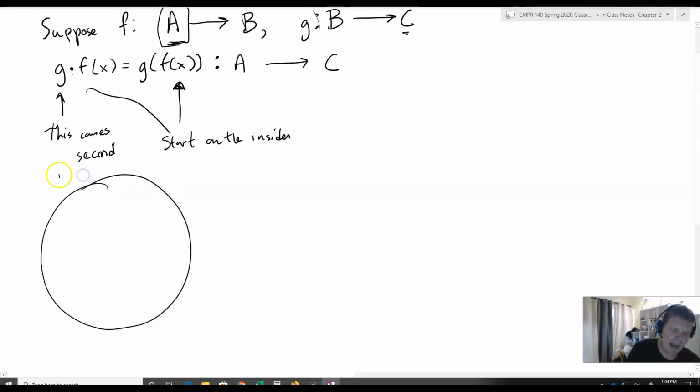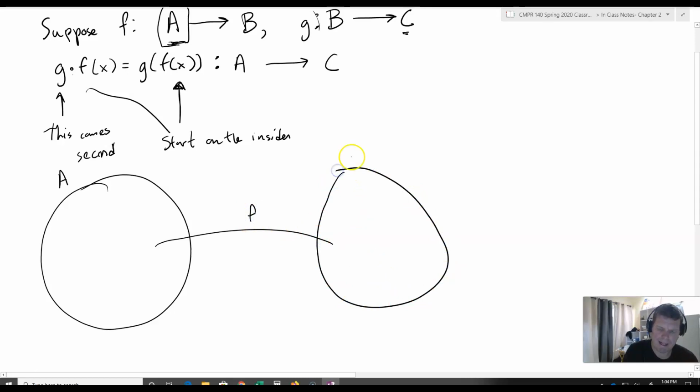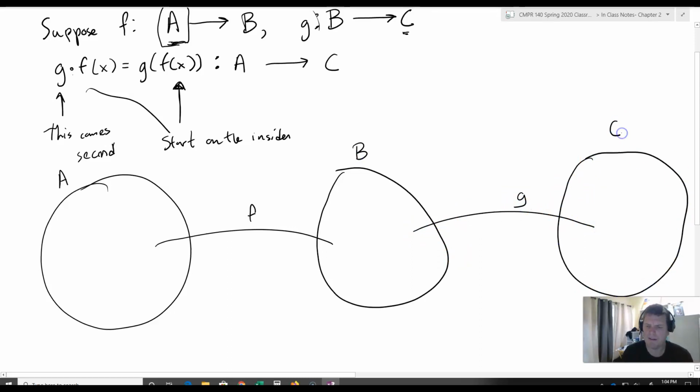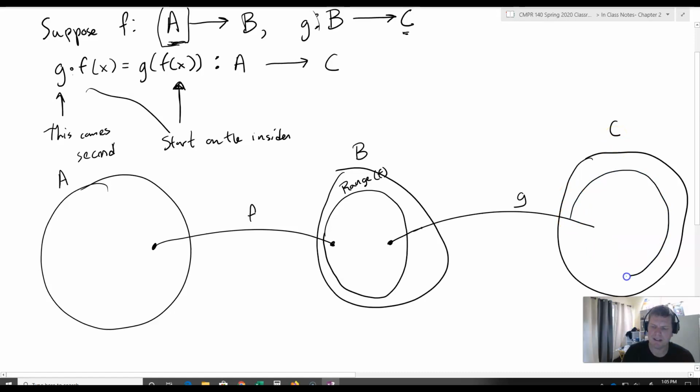I start over here in A, and I operate using F, and that goes into B. Then I operate again using G, and that goes into C. I take an element from A, and it takes me to somewhere in B. I have basically a range, here's my range of F. Then I take elements from that range of F, and they go into C, and this is the range of G restricted to the range of F.